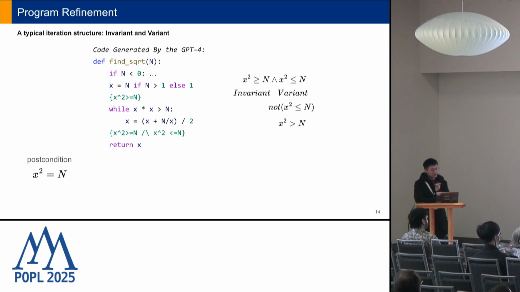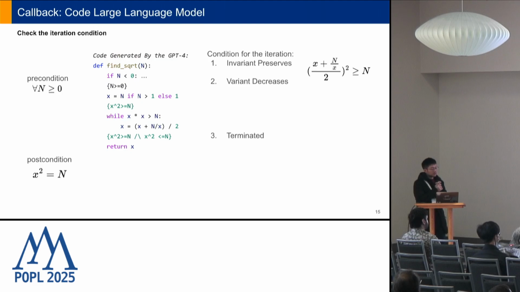The next question is whether the iteration is correct, and whether we can terminate the iterations. We have three conditions for the iteration. The first is that the invariant is preserved, which means the new x always preserves the invariant x squared larger than or equal to n. We can verify it. The next condition is that the variant is decreasing, which means the progress, x minus the new x, should be larger than 0, so the new x is always decreasing.